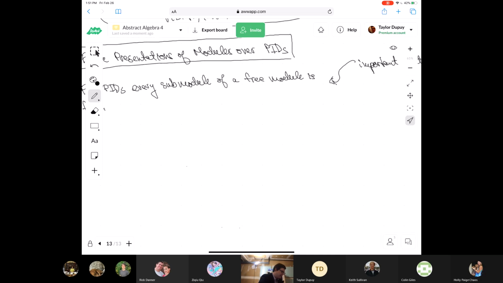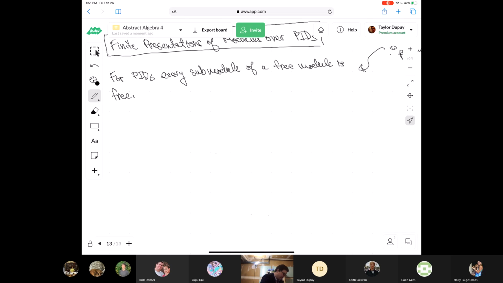This is not true in general. Let me give you an example. If M is just R to the 1, then this is just saying that a submodule of R to the 1 is free.